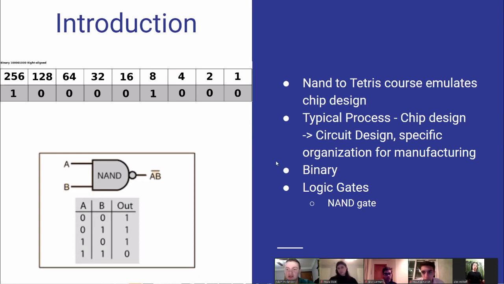For this course, it is extremely important to know that NAND gates are universally able to construct other gates, which is the basis of this course, since we're only given a NAND gate to start. They're the inverse of an AND gate, and they output ones no matter what, unless the A input and the B input are both ones, which is the exact opposite of an AND gate.